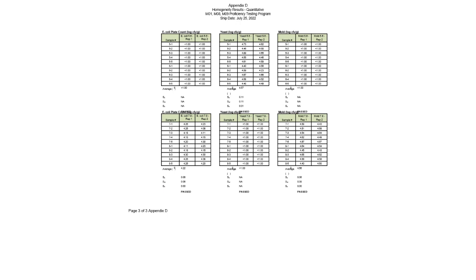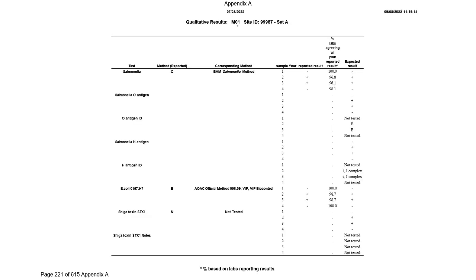Now let's take a look at an individual laboratory's results. This accompanies this technical report and is specific to each laboratory. This is the page for the qualitative results. It covers the Salmonella. It also lists the method that the laboratory used, and under the reported result column, it indicates the negative or positive, also absence or presence.